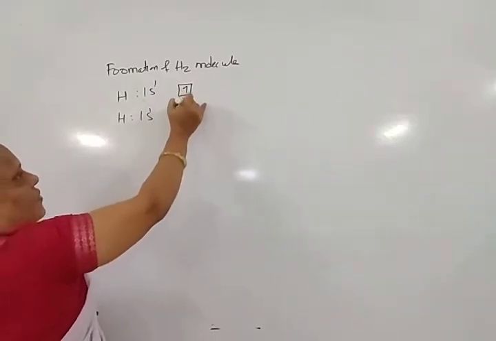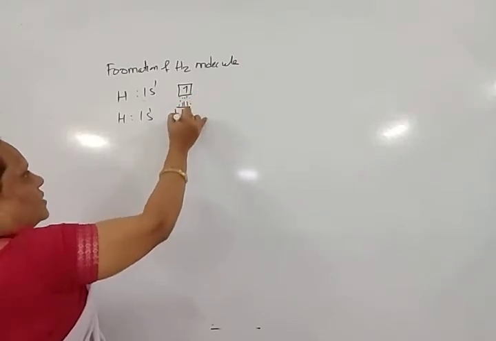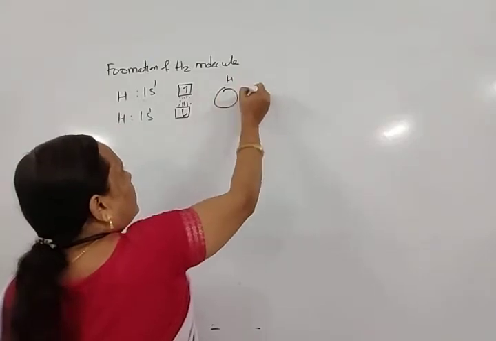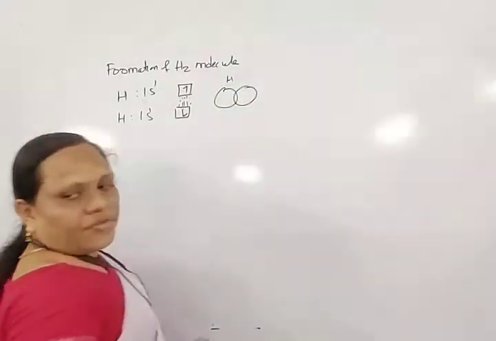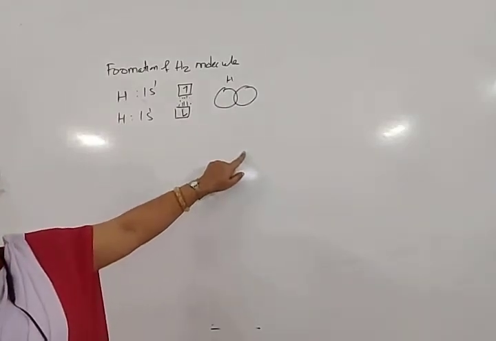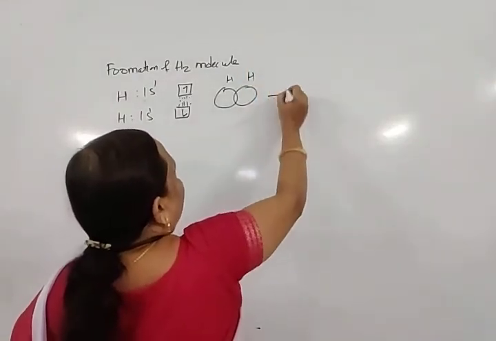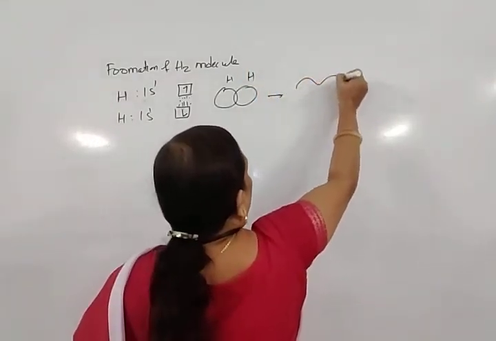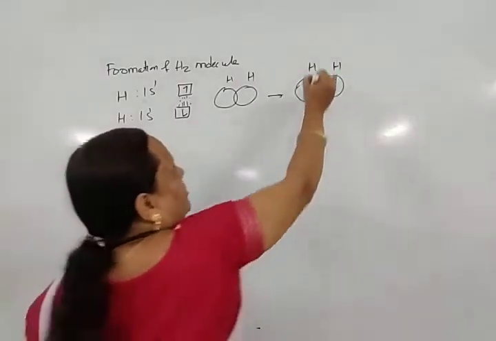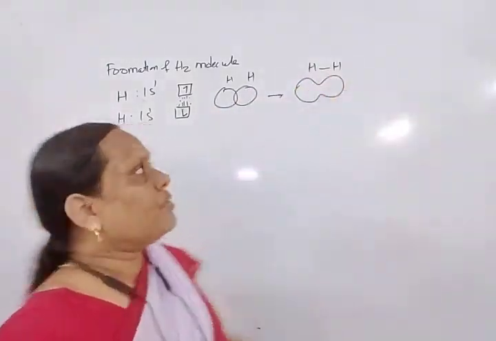These two overlap with each other and we can represent them with opposite spin. So one is an orbital of hydrogen, another is an orbital of hydrogen. These two orbitals combine to form the H2 molecule. H and H. So in this way the hydrogen molecule is formed. H-H, a sigma bond is there. So the covalent bond is of the sigma type.